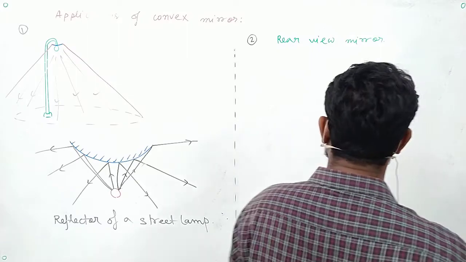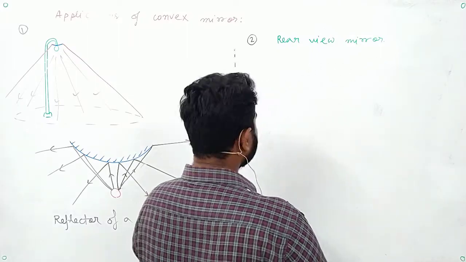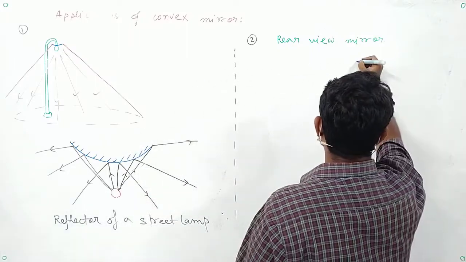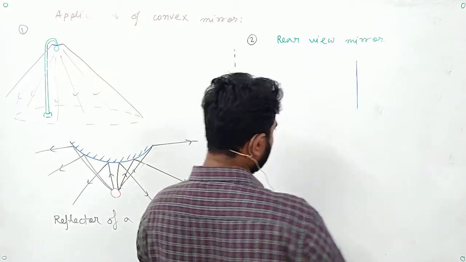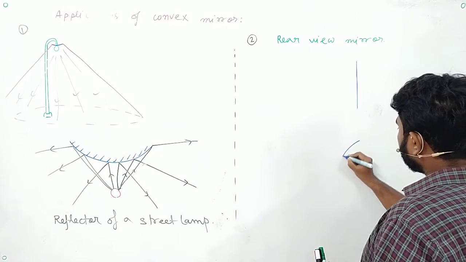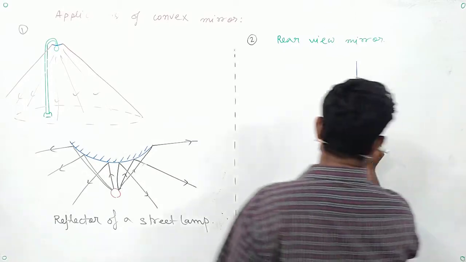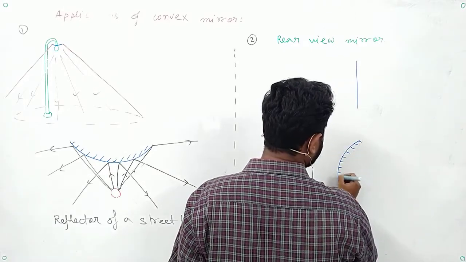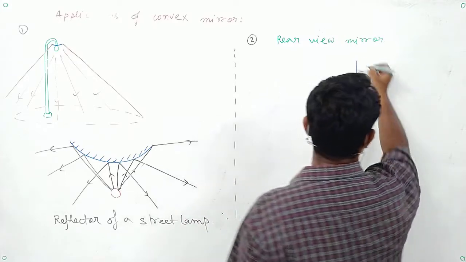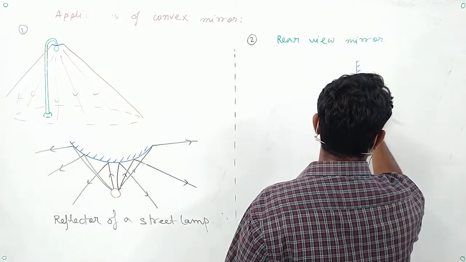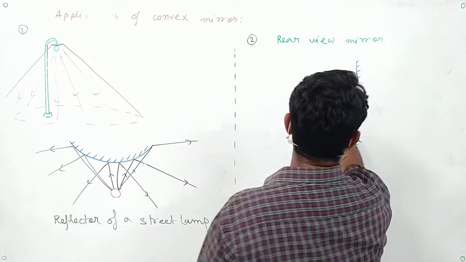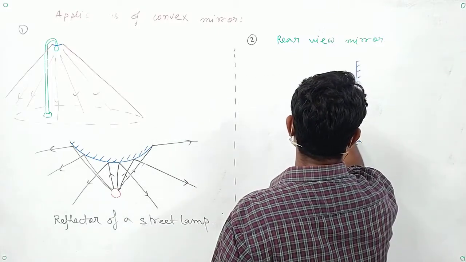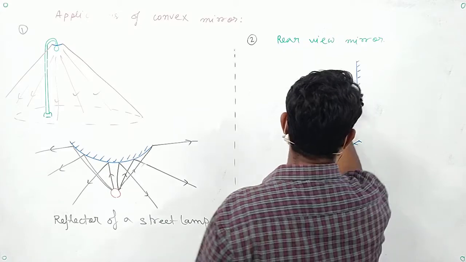That means, what is done? Suppose this one is a plane mirror. Suppose this one is a convex mirror used as a rear view mirror. Now what will happen? Suppose you place your eye at the center.